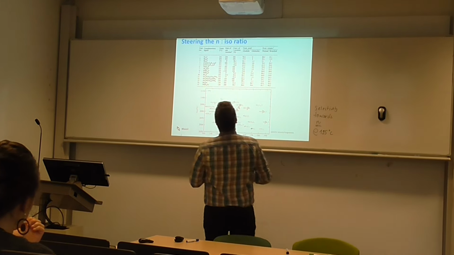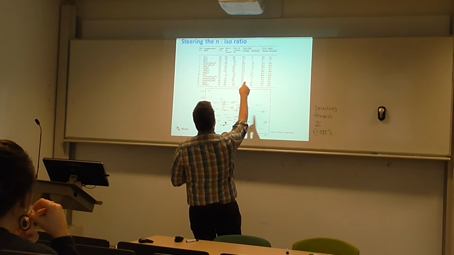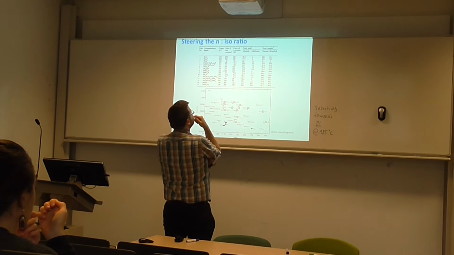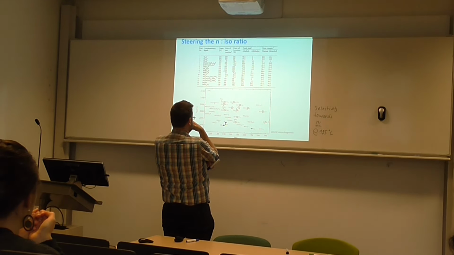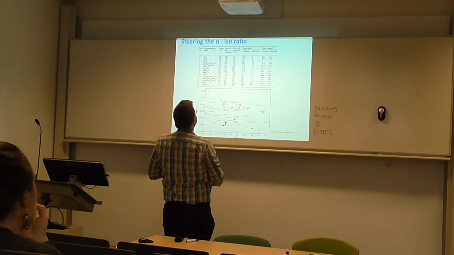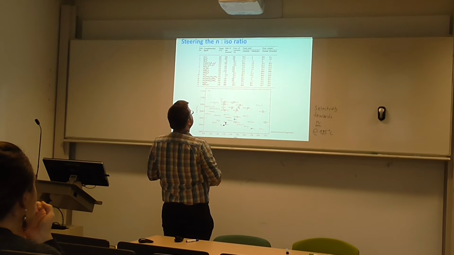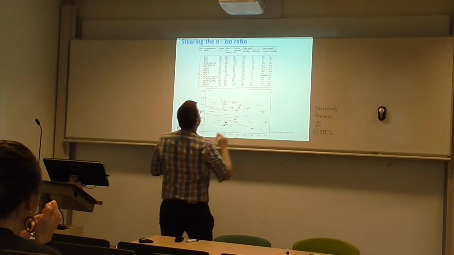What about at 195? Let's see. The triphenyl, this one here, is the triphenylphosphine. At 195, it's got a selectivity of 66. That's pretty poor.